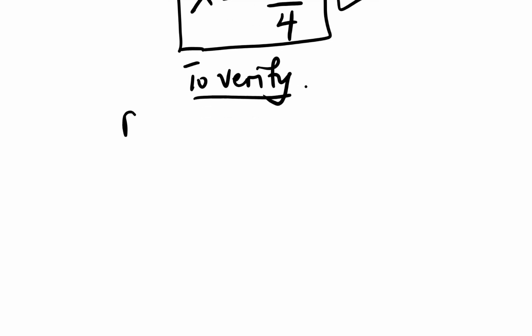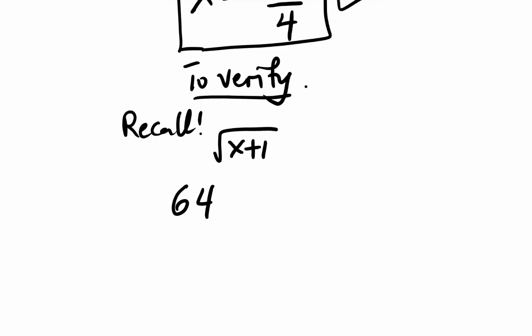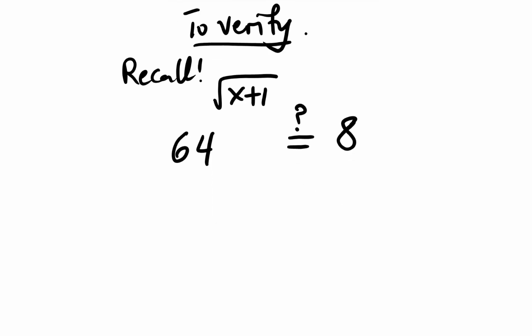So if we recall, we have 64 raised to the power the square root of x plus 1 equals 8. So now we're going to try to prove that 64 raised to the power the square root of x plus 1 is equal to 8. So now x is minus 3 over 4.